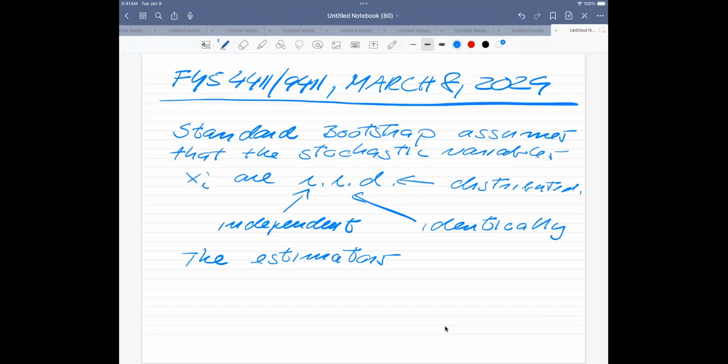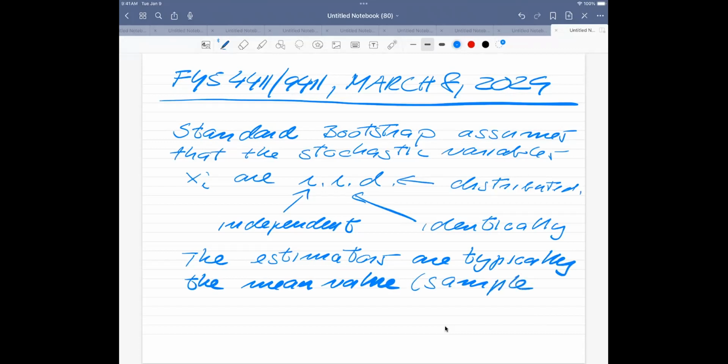So the estimators are typically the quantities we want, the mean value, which in our case is going to be something we will call the sample mean value, and the variance.